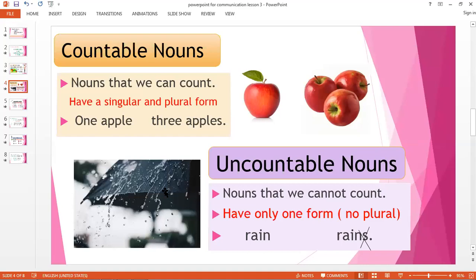Do not say rains, because you cannot count the water. It's only rain. So do not say rains. It's a very wrong word. It should only be rain. Okay?